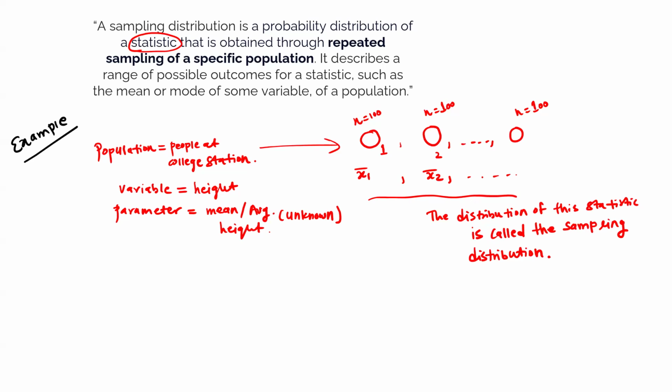Let me just give an example. Your x1 bar could be 5.5.